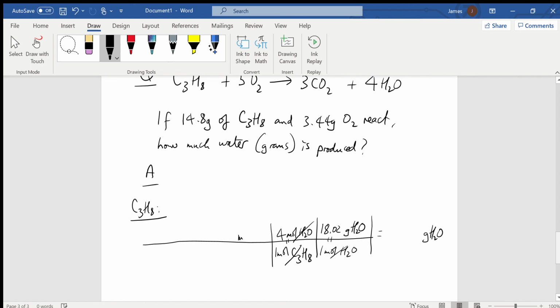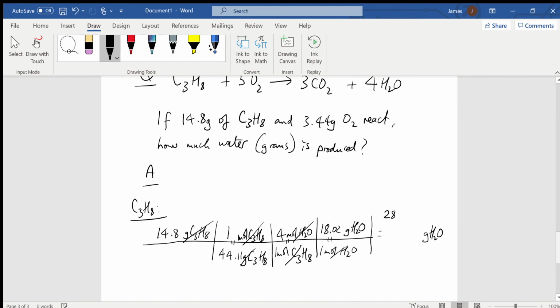So I can promote mole of propane up here and cancel. I know from help with the periodic table, if we add up the 3 carbons and the 8 hydrogens, 1 mole of propane is 44.11 gram of propane. And then my input was 14.8 grams of propane. So I multiply 14.8 by 1 by 4 by 18.02, and then I divide by 44.11, divide by 1, divide by 1 again.